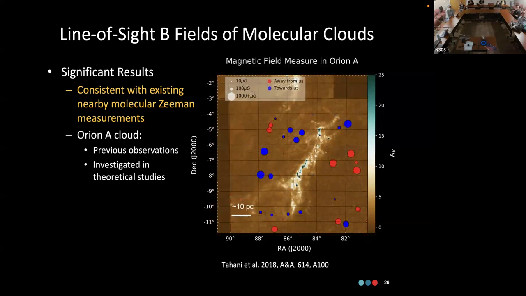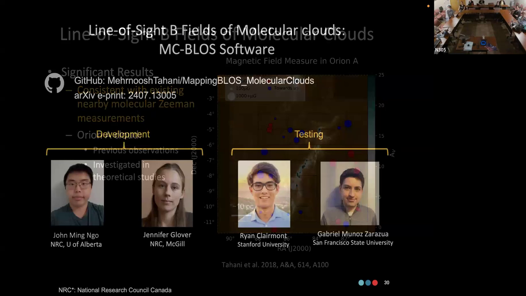And this magnetic field reversal across the filamentary molecular cloud, we see it also in Orion A and in Perseus clouds. In the Orion A, this was previously observed with the same orientation using atomic Zeeman observation, and investigated in some theoretical studies proposing something like helical magnetic field morphology.